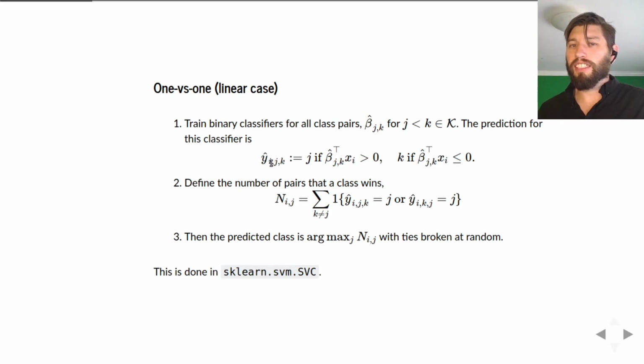So y hat for i, there's a different one for every n choose 2 jk pairs. So there's a different prediction for every jk for each i. And then for each i, we look at each j class and see how many of these games it won. And then the predicted class for the ith sample is the argmax.